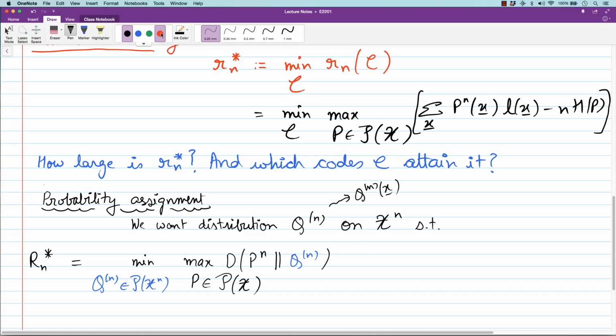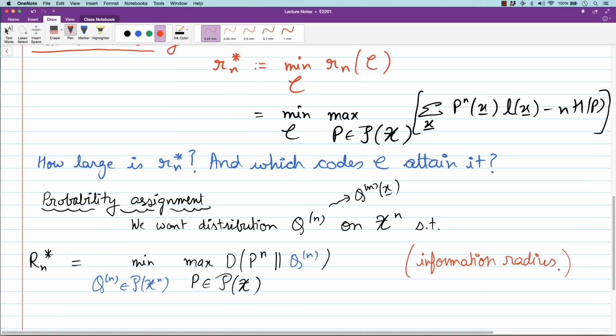If you recall something we saw earlier, this looks very much like the information radius that we saw in the dual expression for capacity. So we saw information radius in the interpretation of capacity as information radius.